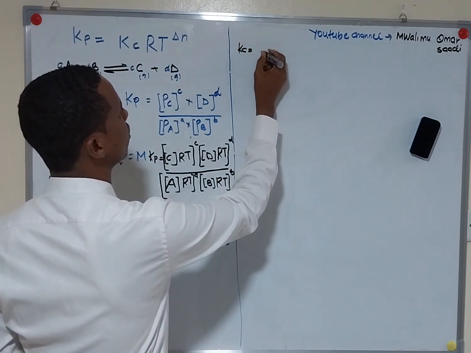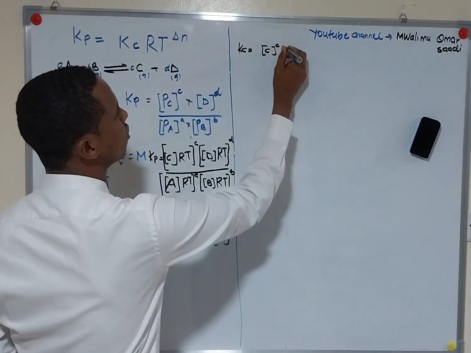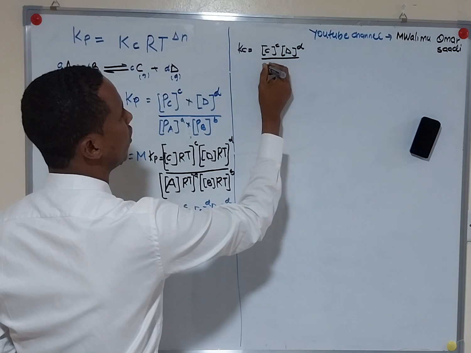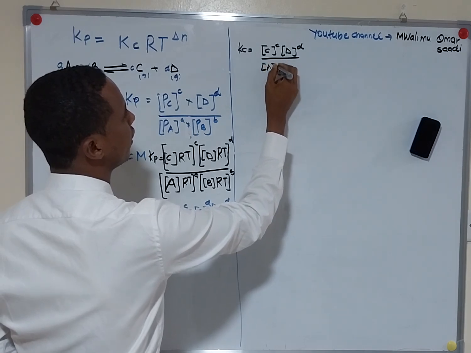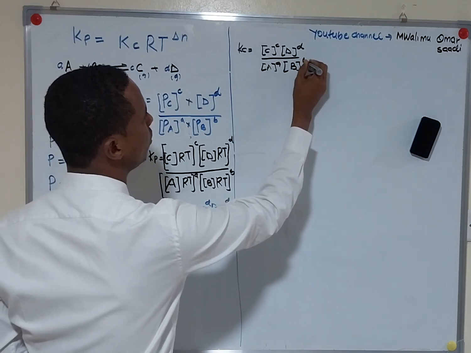Kc is equal to the concentration of C raised to c times the concentration of D raised to d, all over the concentration of A raised to a times the concentration of B raised to b.